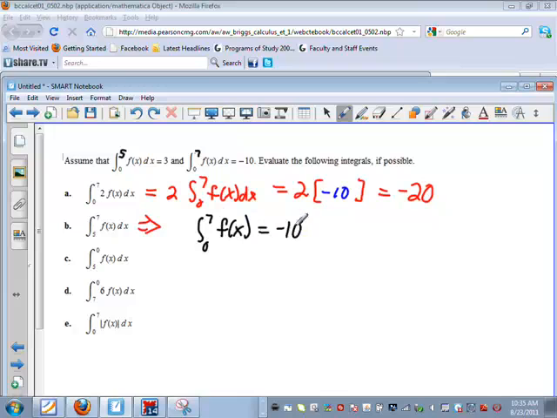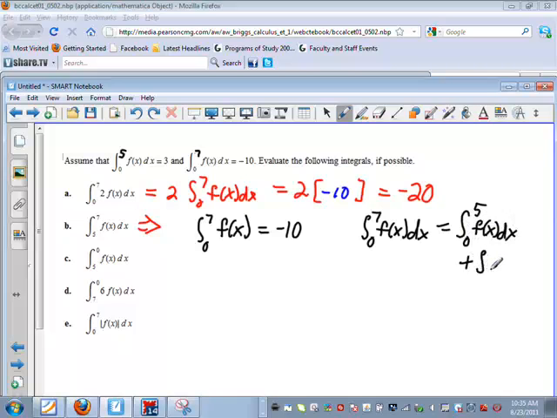How are these related? Well, the integral from 0 to 7 of f of x is for sure equal to the integral from 0 to 5 plus the integral from 5 to 7 of f of x dx. There's only one of these things we don't know, and funny enough, it's the thing we're looking for.